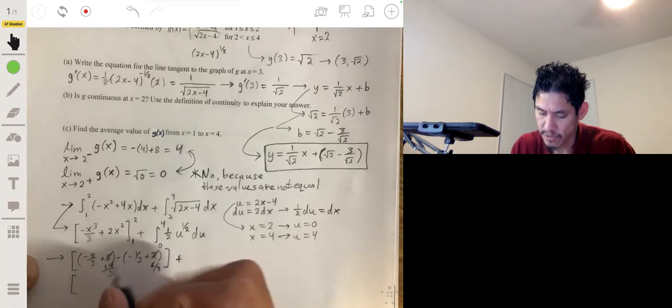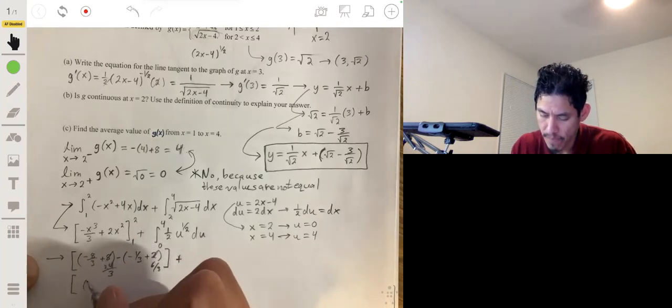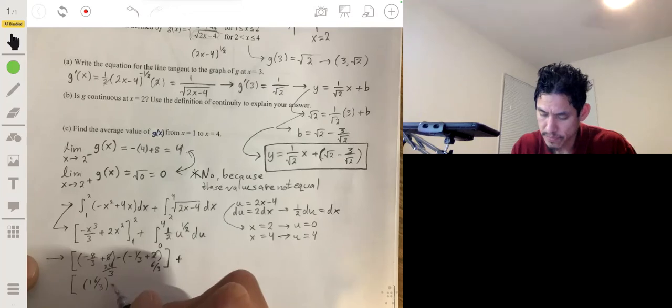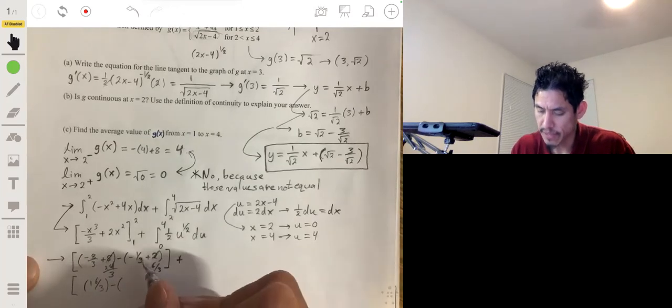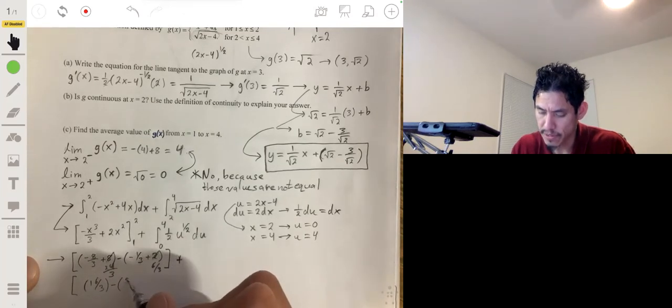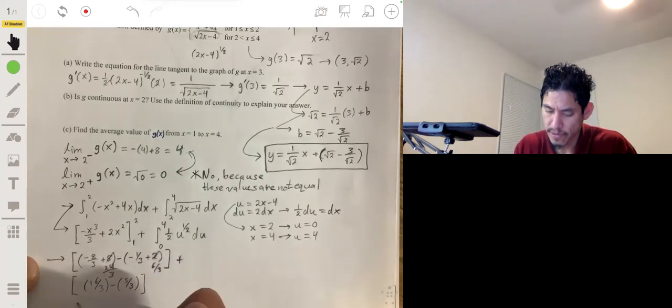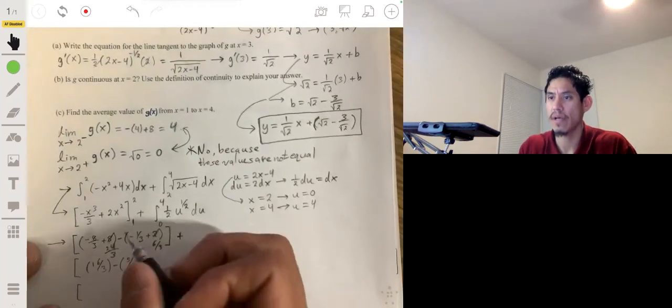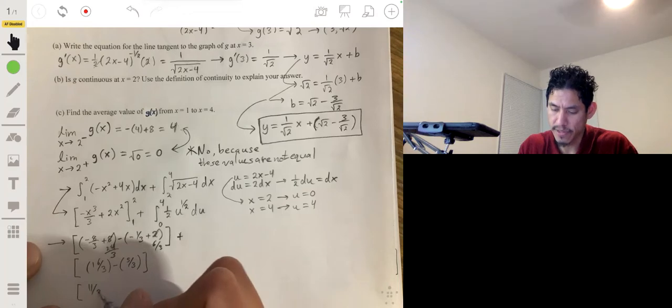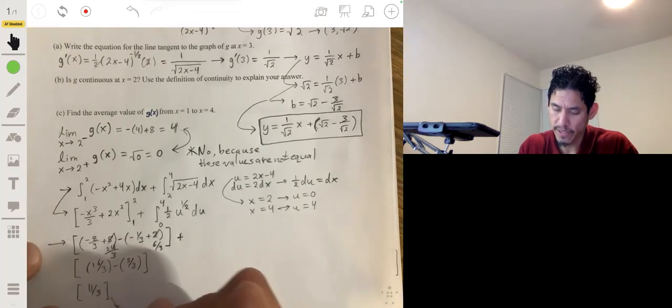So negative 8 plus 24 gives 16/3, minus negative 1/3 plus 6/3, which is 5/3. We'll get 11/3 there. Hopefully I didn't mess up.